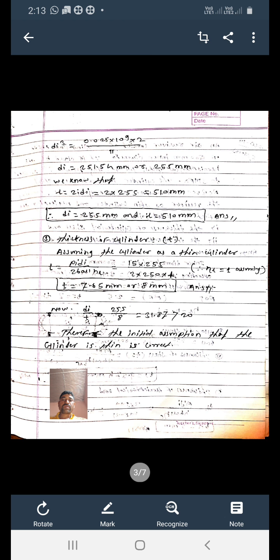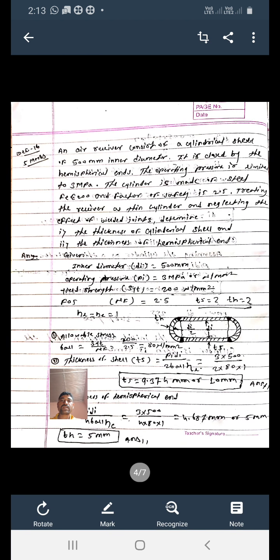Then we'll see one more numerical. Check that this was asked in December 16 for 5 marks. An air receiver consists of a cylindrical shell of 500 mm inner diameter. It is closed by a hemispherical end. Which end is given? Hemispherical end is given. You should know the formula related to the hemispherical end. The operating pressure is limited, not to exceed 3 MPa.